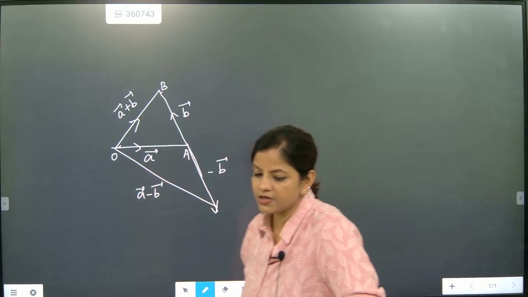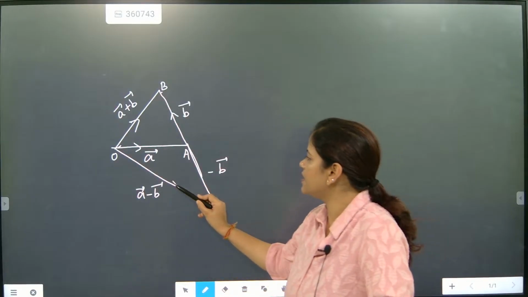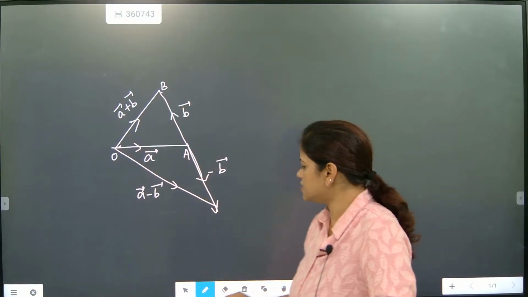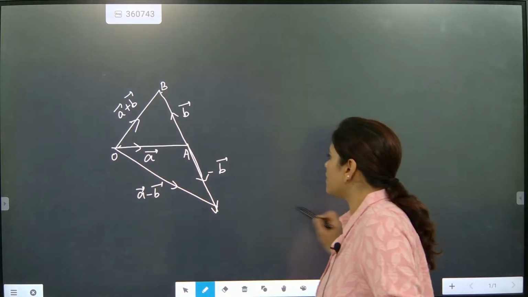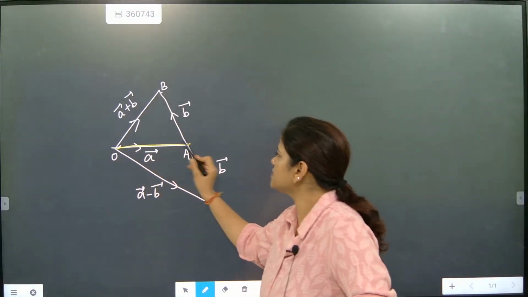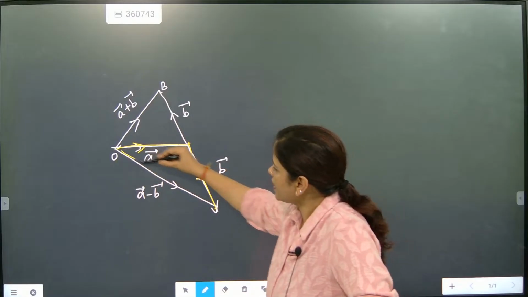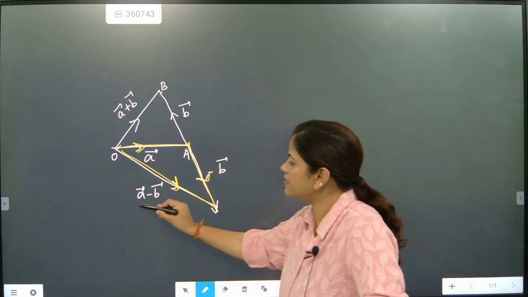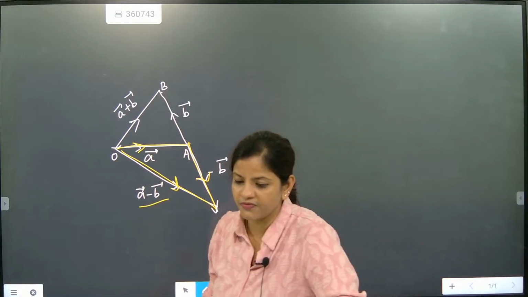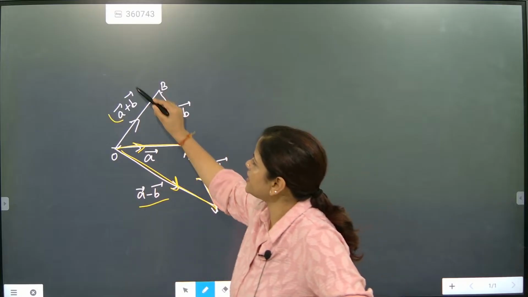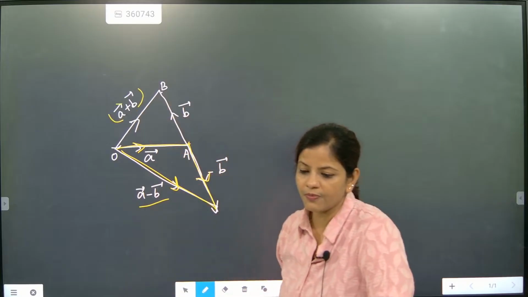I hope you have understood. Check this one out, I'm just drawing it with a different color. This section is coming, this section is coming, and this part is coming. So this is the resultant, it is coming as A vector minus B vector, and this part is coming as A vector plus B vector.